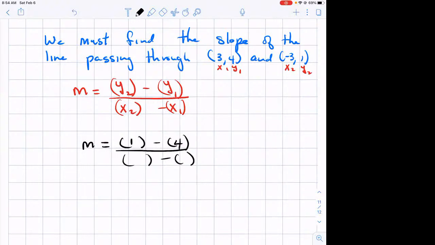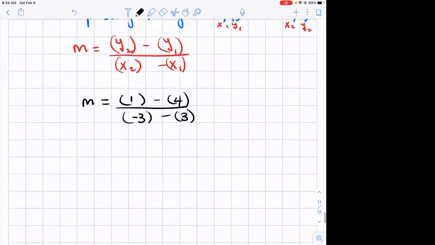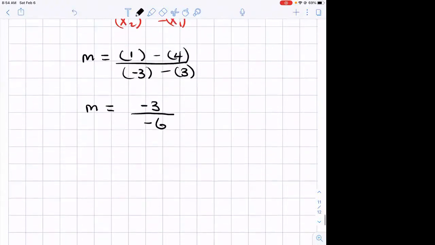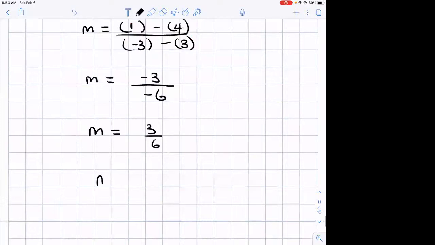Instead of y1, I have a 4. Instead of x2, I have a minus 3. And instead of x1, I have 3. So therefore, m is equal to 1 minus 4 is negative 3, and minus 3 minus 3 is minus 6. Therefore, m is equal to 3 over 6. And if I divide top and bottom by 3 now, we get 1 over 3.